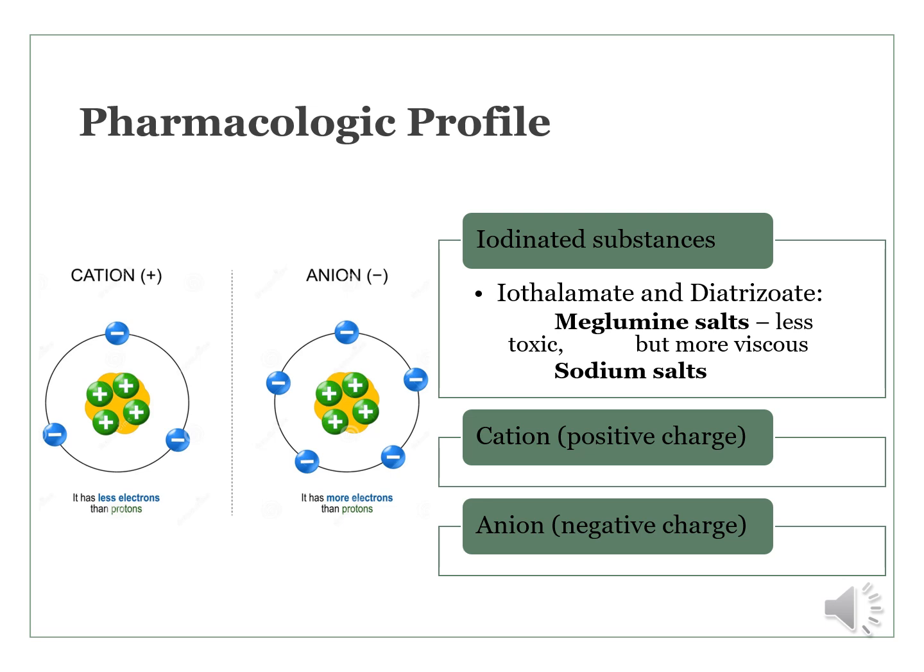A cation is an ion with a positive charge, meaning that it has lost one or more electrons. Conversely, an anion is an ion with a negative charge, meaning it has gained one or more electrons. In contrast media, the cation and anion combine to form compounds that help visualize structures in imaging.